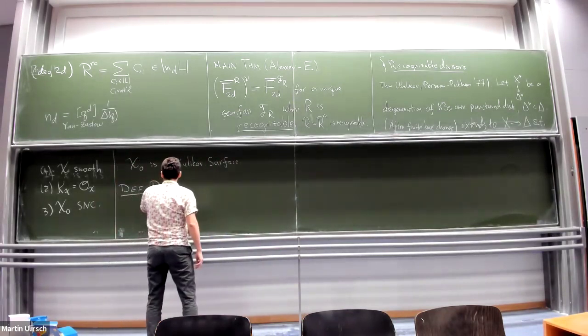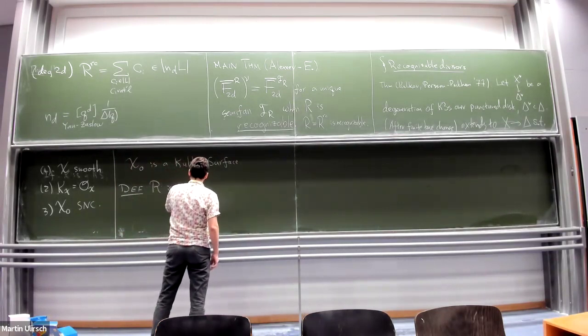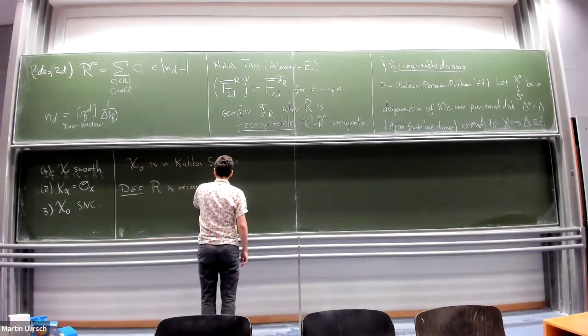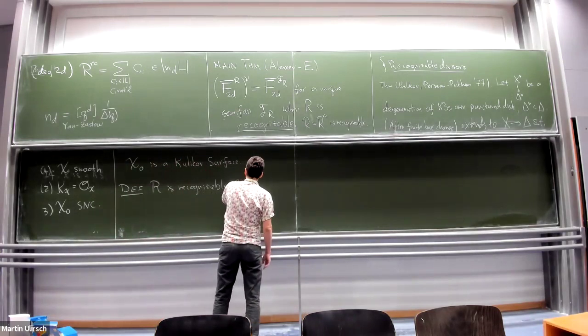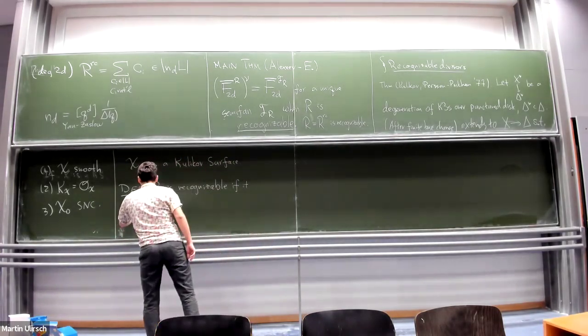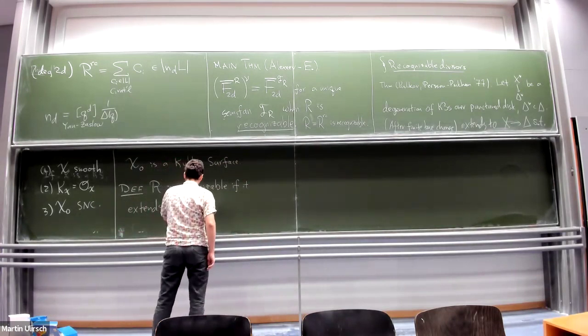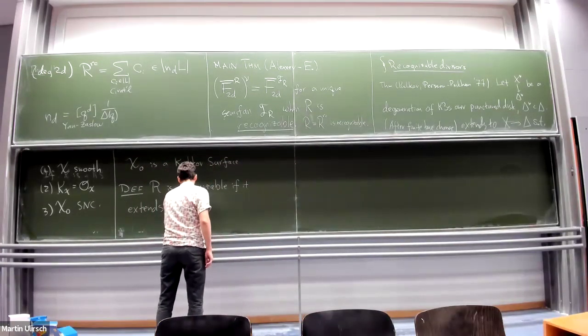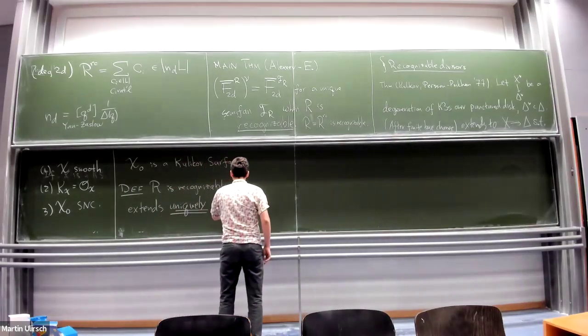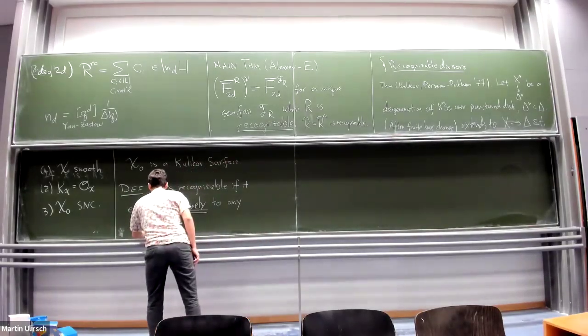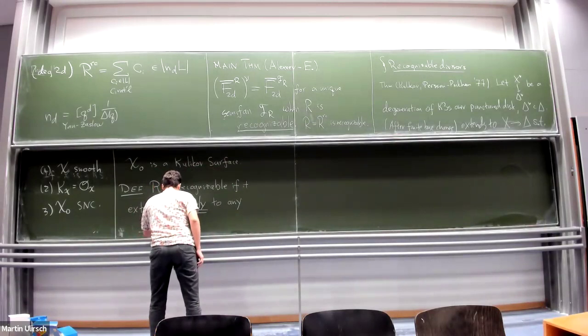We say that R is recognizable if it extends, and the keyword here is going to be uniquely, to any Kulikov surface.